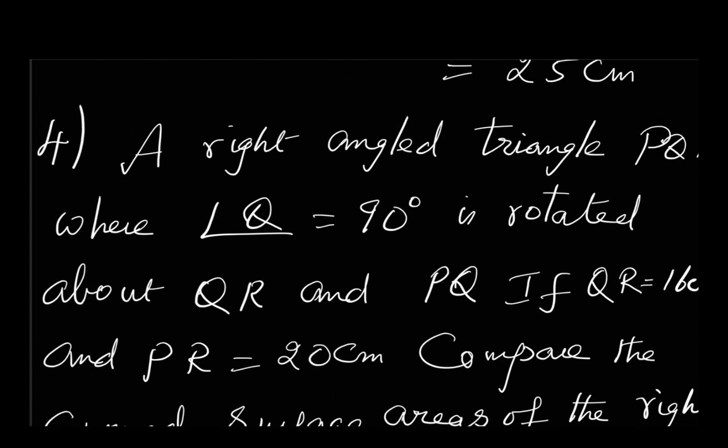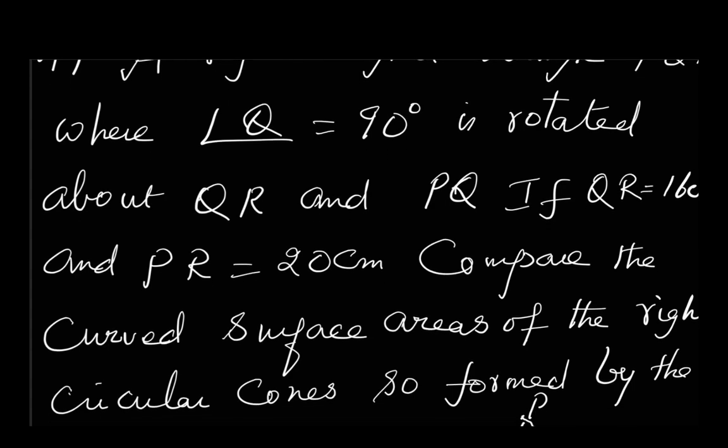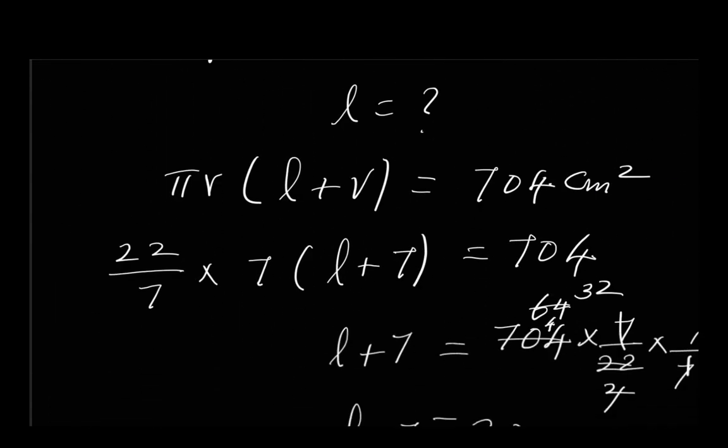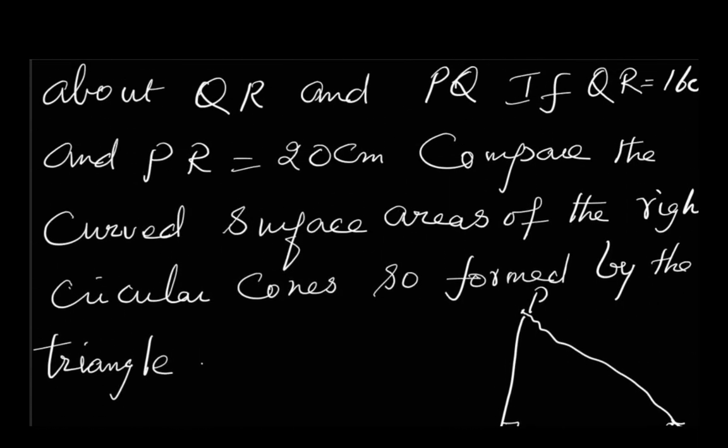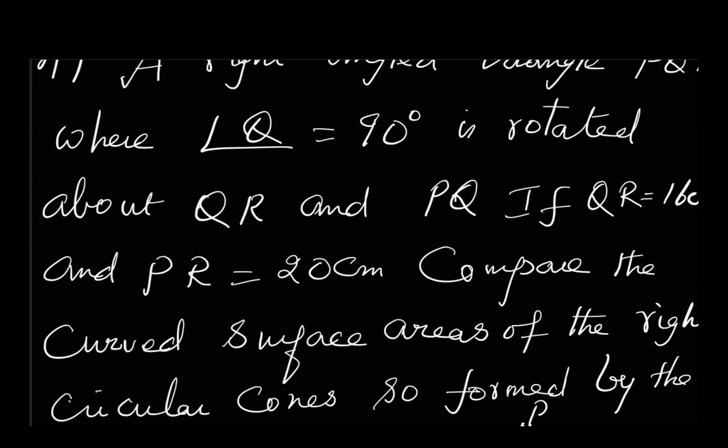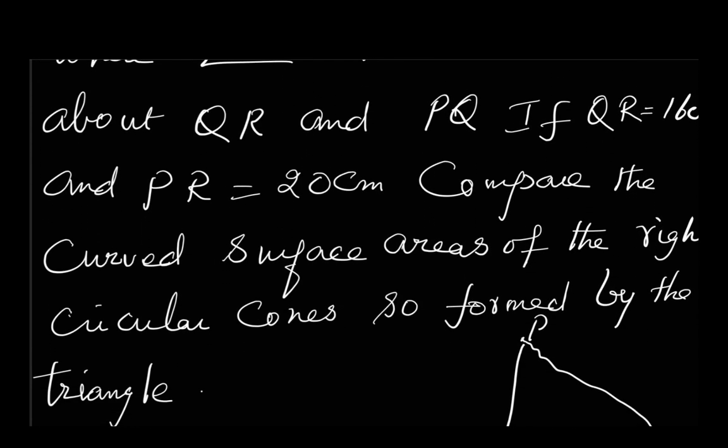See, exercise sum, fourth sum. A right angle triangle PQR, where Q is 90 degree, is rotated about QR and PQ.